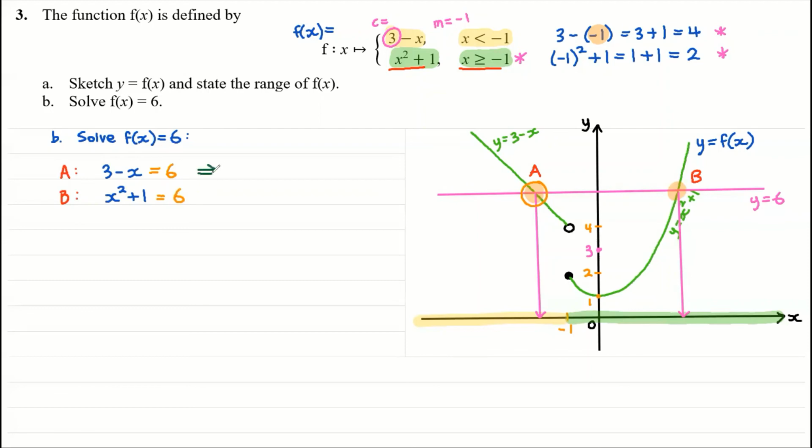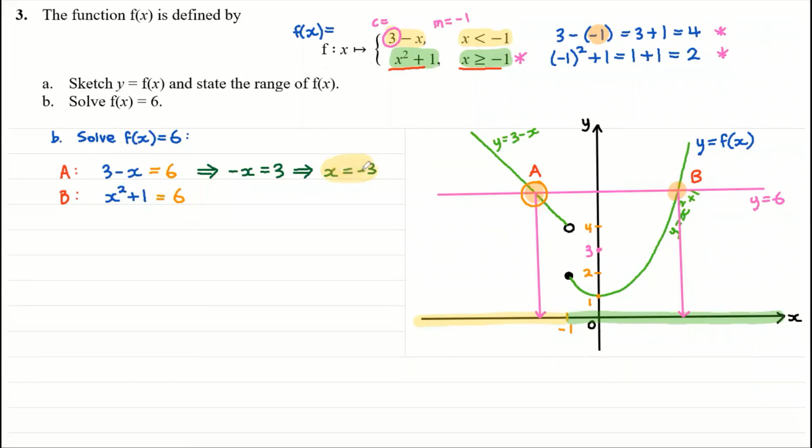So if we solve that, we're just going to get -x is equal to 6 subtract 3, which is of course 3, which means that x would equal -3. As confirmed by the diagram, it might not be the best scale, but it looks like this is going to be a negative value, just somewhere less than -1. So that looks okay.